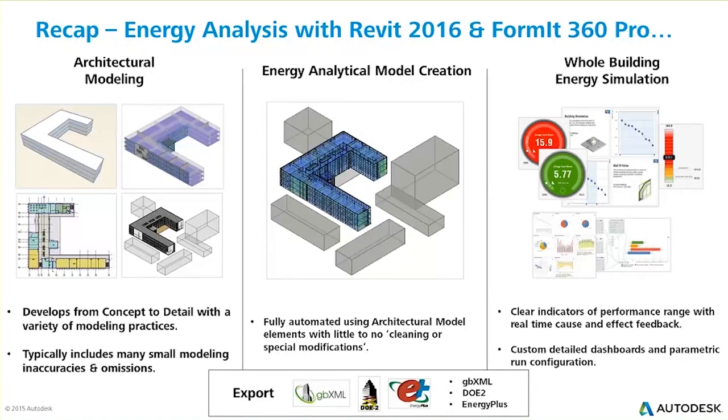We want you to be free to be able to represent form and shape and the physical representation of the building in as many ways as you're used to doing, from concept to detail, a range of modeling practices, and account for the fact that inaccuracies and omissions will be expected. But for using that, we completely automate the creation of an energy analytical model. So meaning there is no real cleaning, and if you do have any cleaning, you will find that it's highlighting things that are typical omissions in your model.